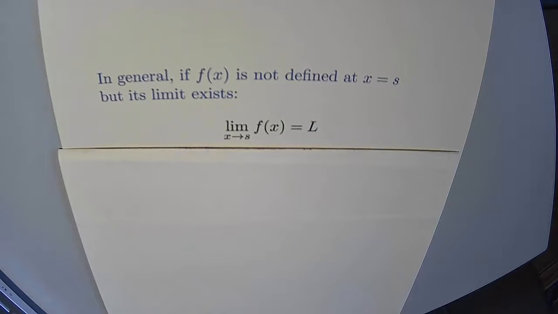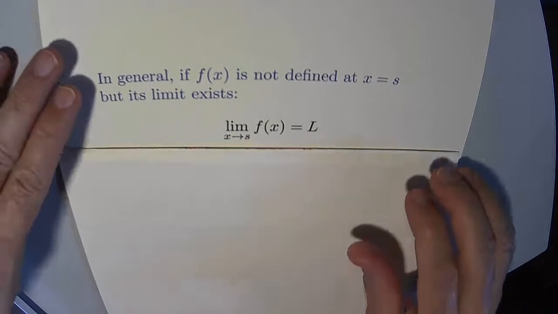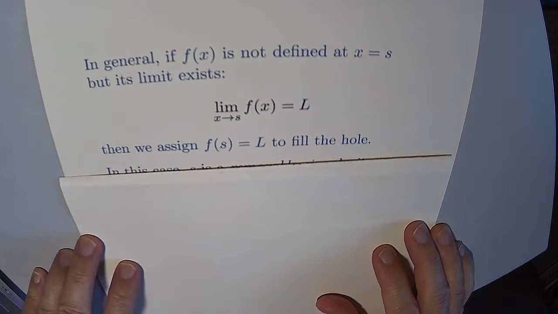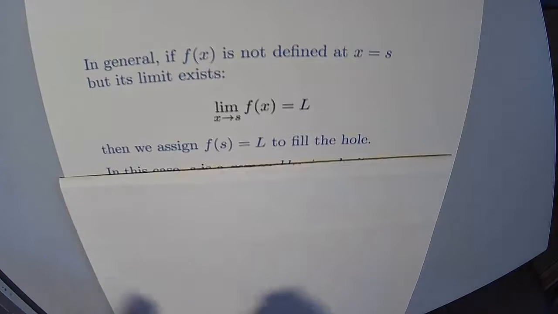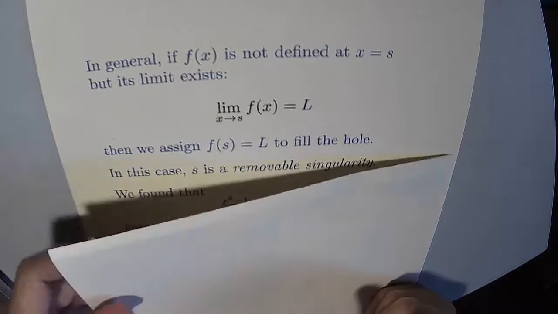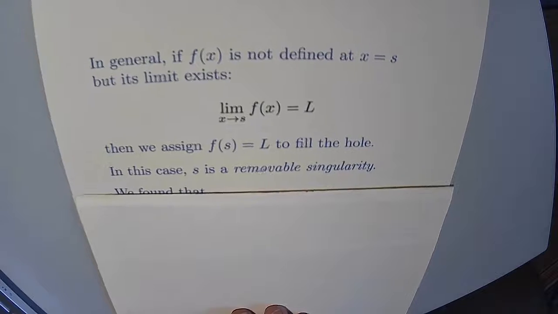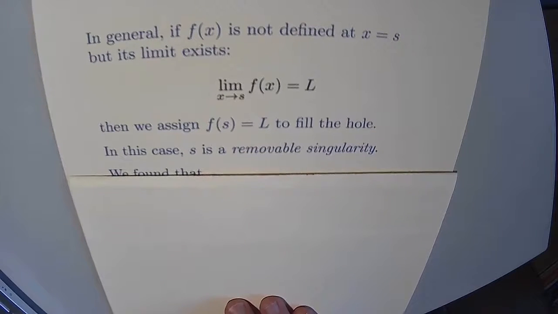If f of x is not defined at this point s, but we take its limit either using algebraic simplifications or L'Hopital's rule or whatever, and we come up with a number L, then assigning L to f of s, or defining f of s equal to L, will fill the hole. This feature allows us to remove the singularity by filling the hole. Once the hole is gone, so is the singularity.